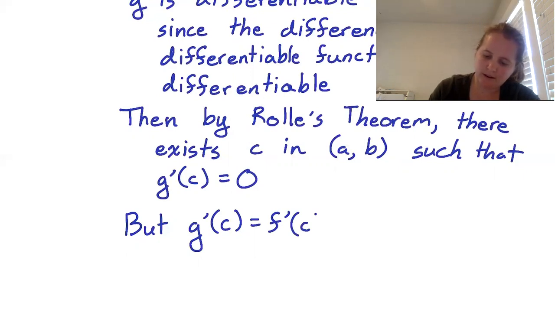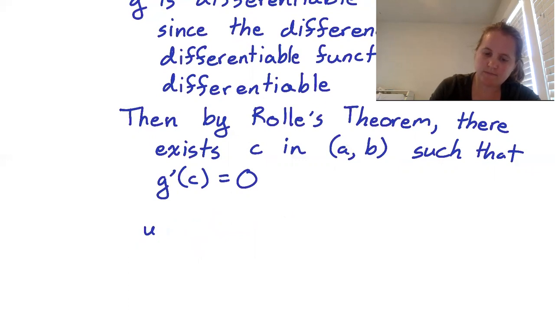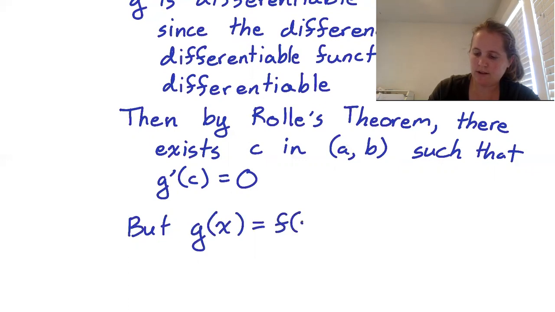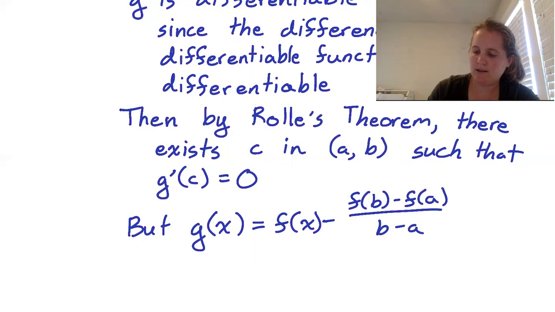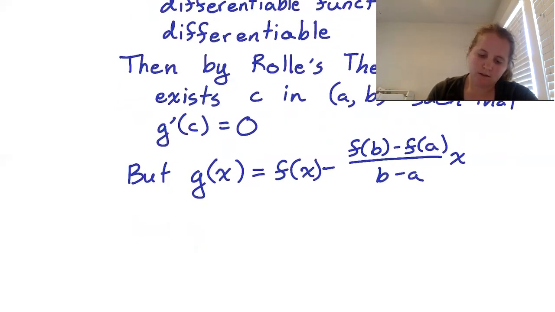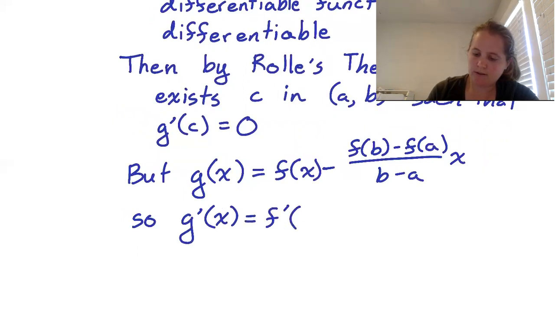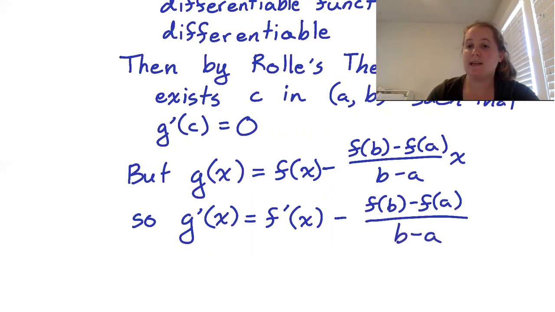recall that g of x was equal to f of x minus f of b minus f of a all over b minus a times x. So g prime of x is f prime of x minus f of b minus f of a all over b minus a. That was all just a scalar, a coefficient, in front of x.